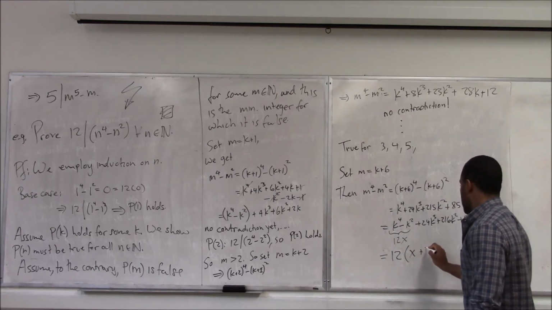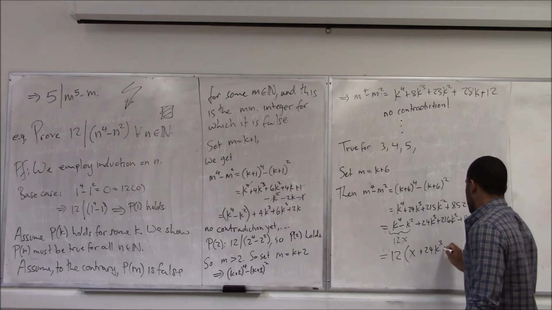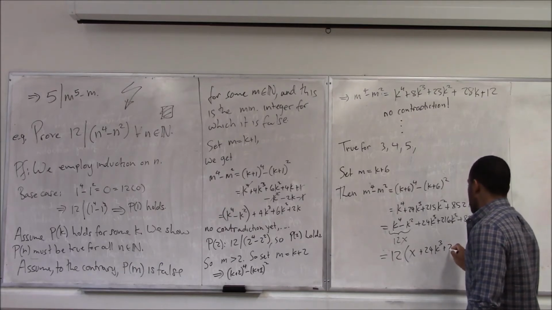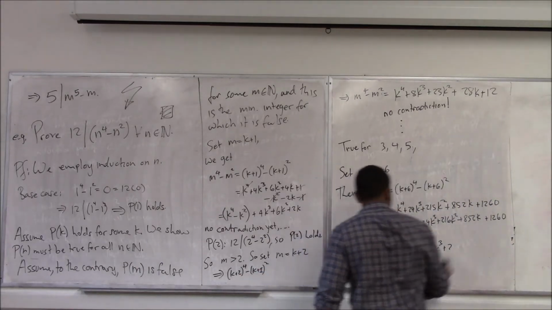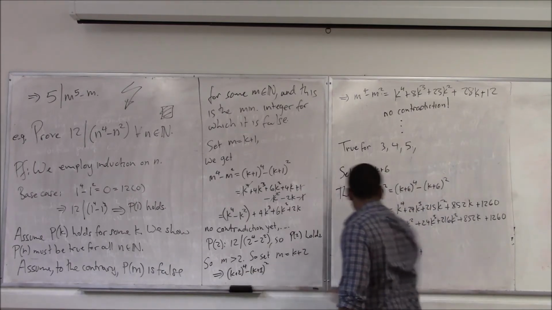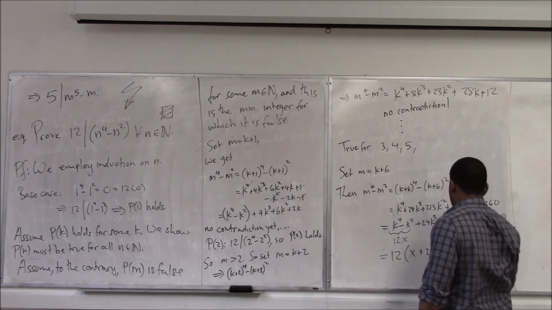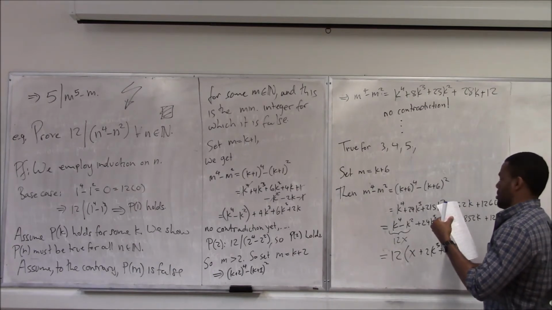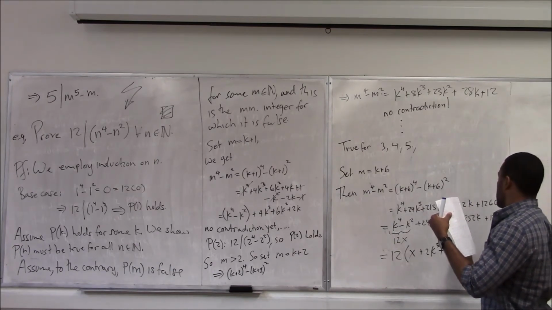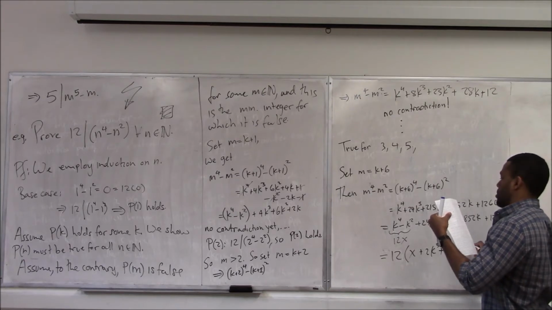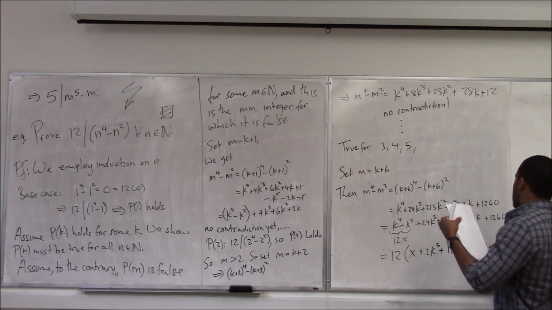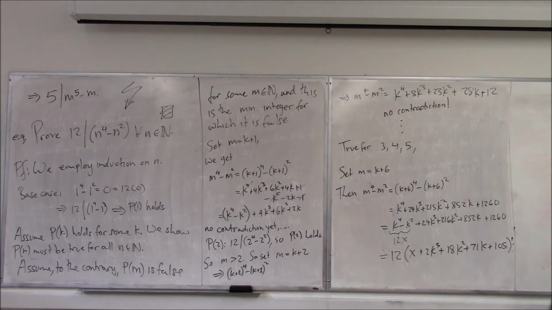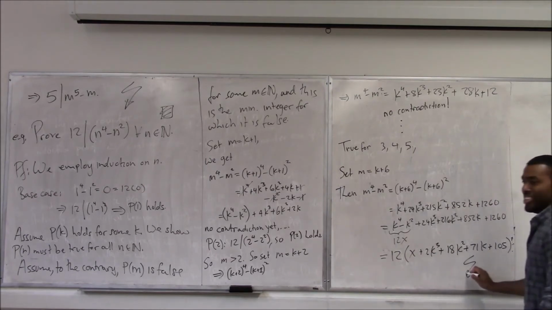So that was k to the 4th minus k squared, plus 2k cubed plus, 216 goes in 18 times, 18k squared plus 71k plus 105. And so now I'm like, contradiction.